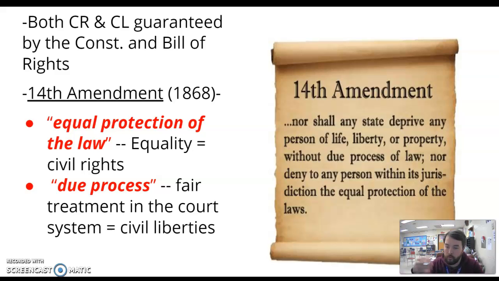Equality under U.S. law is required by the 14th Amendment. Then we have due process, which protects our civil liberties. That's fair treatment in our court system. That ensures that when we go to court, or whether we are accused of a crime, we all have the same liberties.